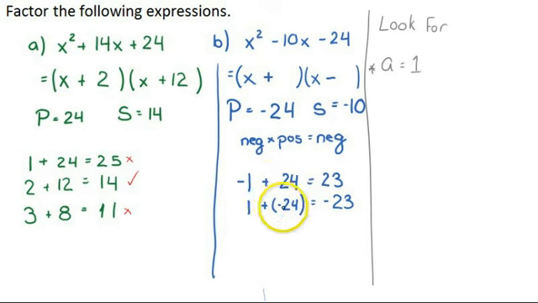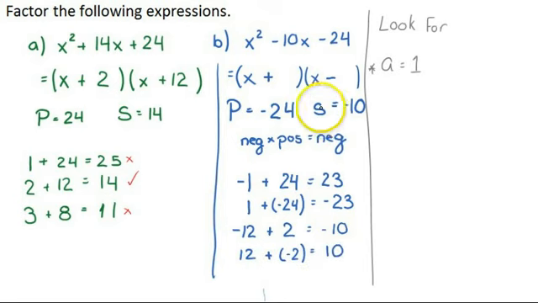So that means I can very quickly reduce the number of things I have to test, because that means that negative 12 plus 2 gives me negative 10, which is perfect, but there'd be no need for me to check 12 plus negative 2, because 12 plus negative 2 is going to give me a positive value, and since I've identified that my sum has to be negative, the larger number has to be the negative value.